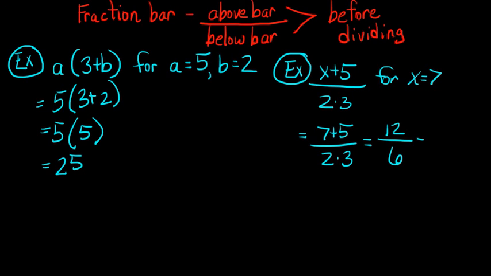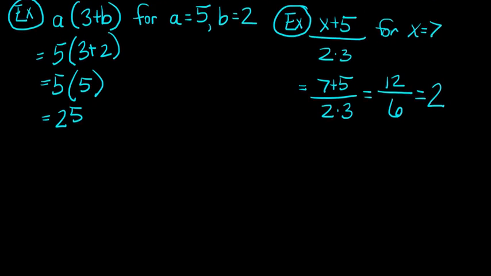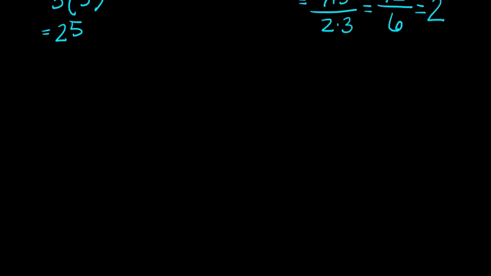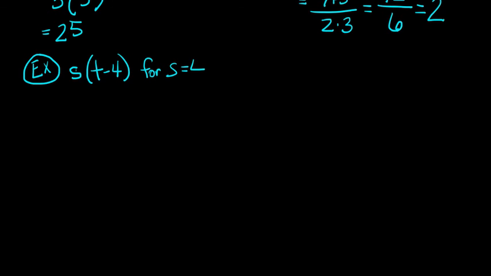Alright, we'll do a couple more examples and we'll be done. I'll just keep that same color. Here is another example. What if we have this variable s times (t minus 4)? And I'm going to show you that s equals 4 and t equals 8.